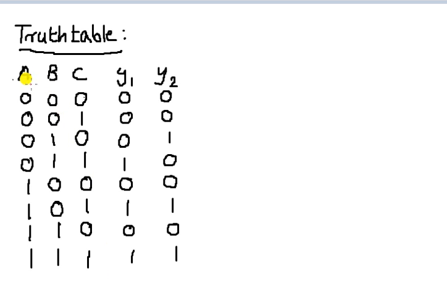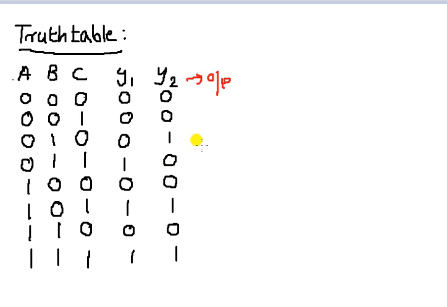Consider these examples. A, B, C are the inputs of the PLA and Y1 and Y2 are the outputs. As I said earlier, from the truth table, we have to find the Boolean function.